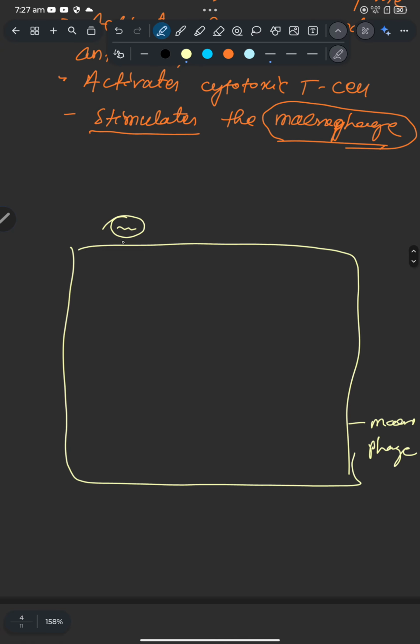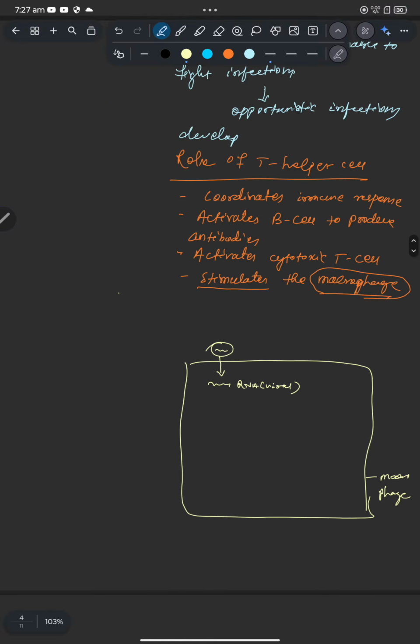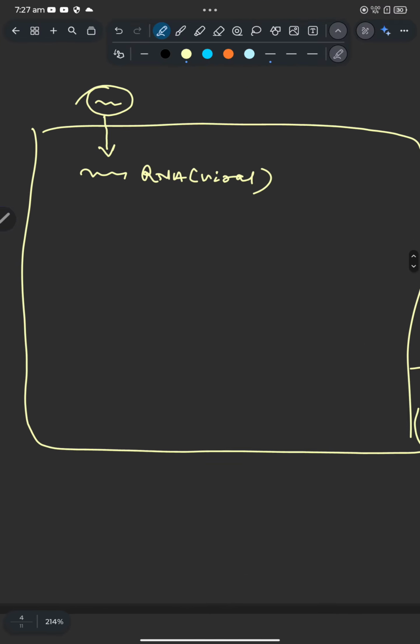When it infects the host cell, it injects only its RNA. This RNA is viral RNA. Now this viral RNA is converted into viral DNA by the reverse transcriptase enzyme.